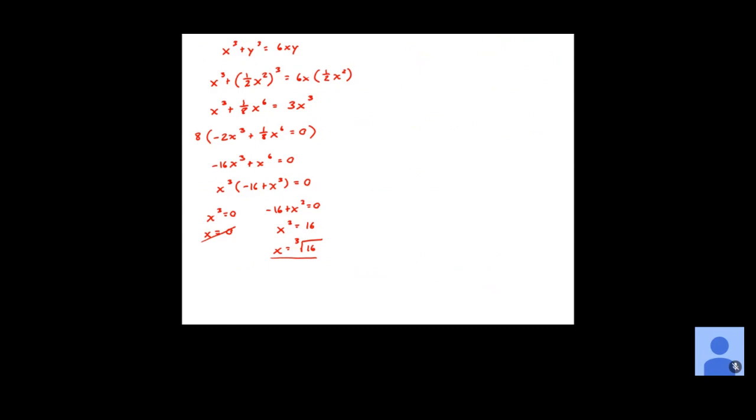Now it did want the point, okay, so now we need to find the actual y value that corresponds to that. But remember, we already said that y should be equal to 1/2 x squared. So the easiest way to find the y value is just to plug into that. So we're going to have y equals 1/2 times the cube root of 16 squared.